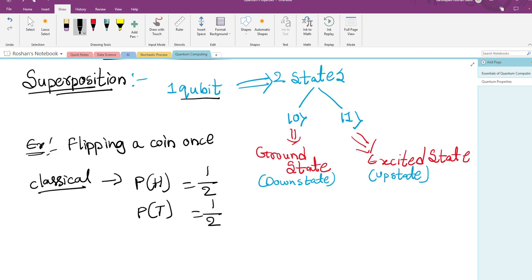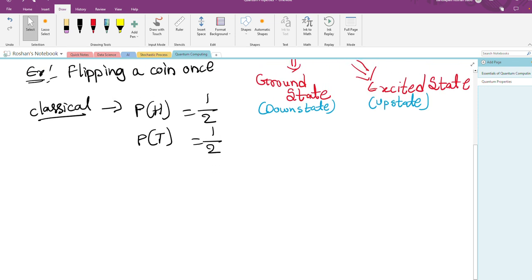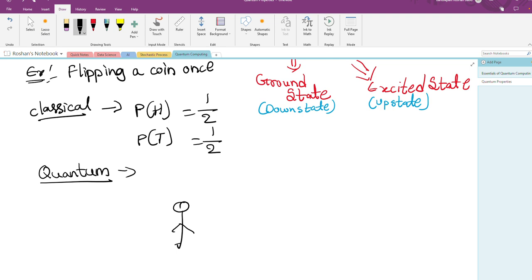But in quantum, just visualize the way I explain, then that will be very easy for you guys to understand. What does superposition mean?